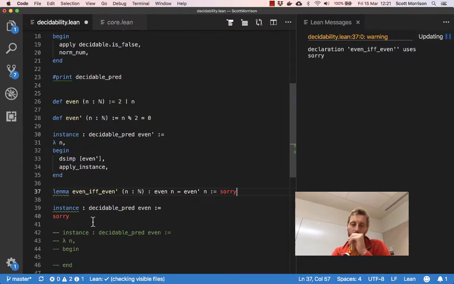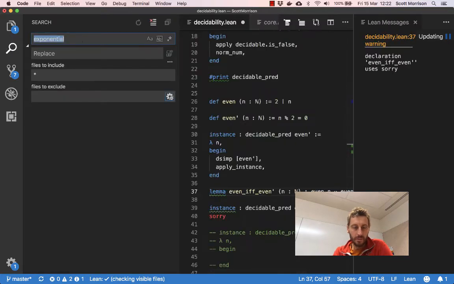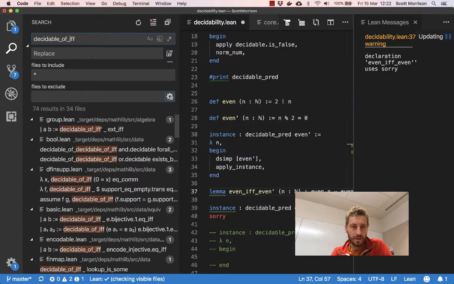Yeah. What I wanted to do was to see if we can find it. Let's search everywhere. Maybe decidable of if and only if. Oh, there we go. Okay, so decidable of if and only if was a lucky guess, maybe.